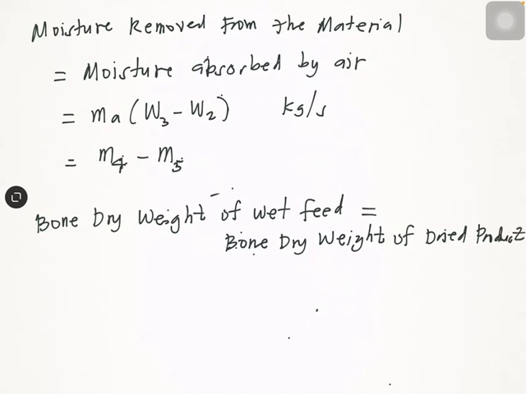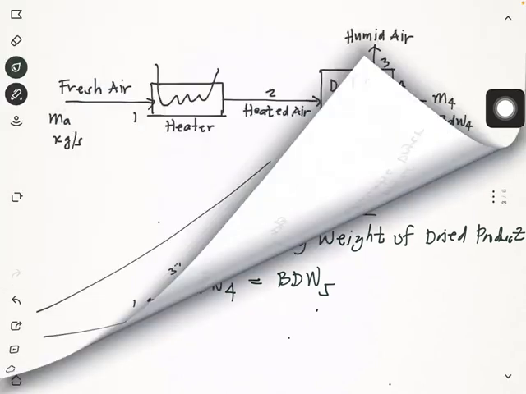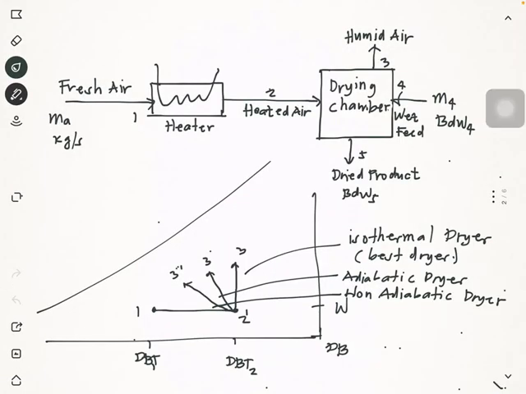So we have BDW4 equals BDW5. The bone dry weight of wet feed is equivalent to the bone dry weight of dried product. So by looking at our figure, BDW4 is here, this wet feed, and it is equivalent to BDW5 of our dried product.